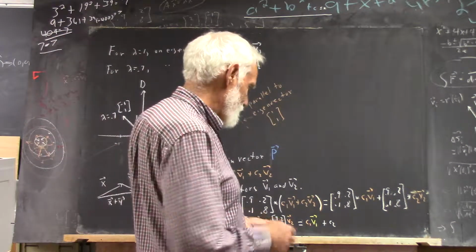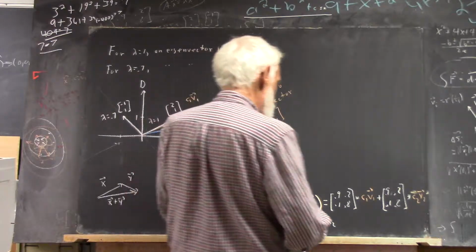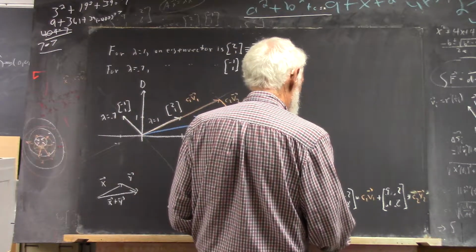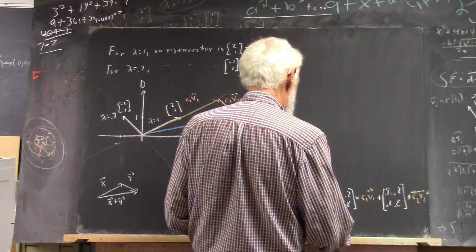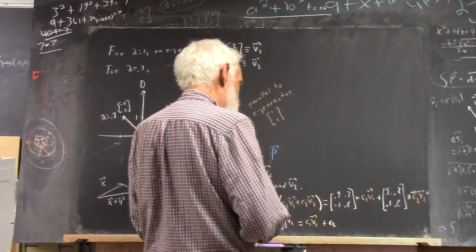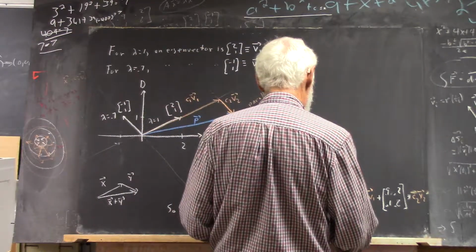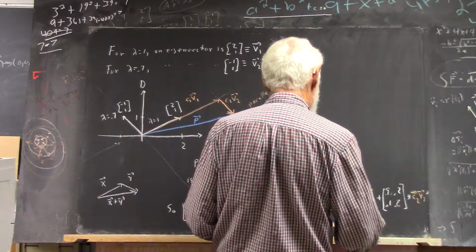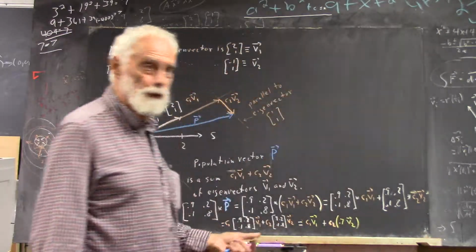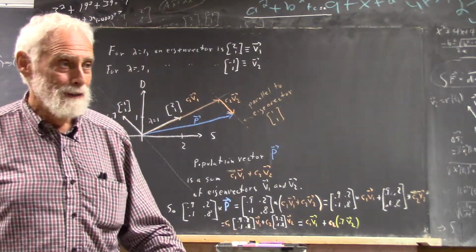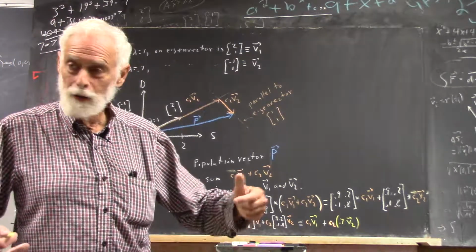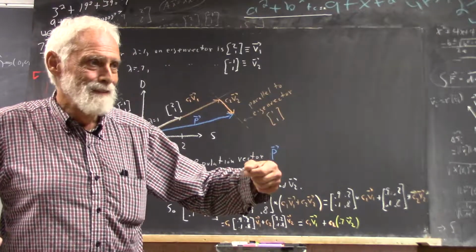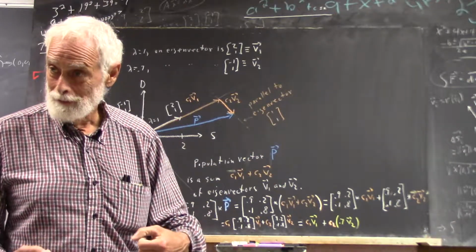Okay. And it's a C2, but C2's orange, so I shouldn't have done that. C2 times 0.7 V2, because V2 has an eigenvalue of 0.7, which means when you map it, it goes to the 0.7 multiple of itself.